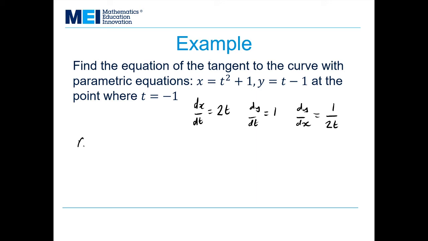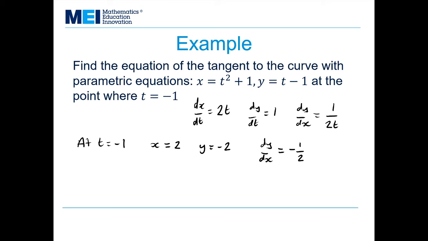Now I'm asked to consider the point where t is minus 1. So at t equals minus 1, x equals, well, t squared is 1, 1 plus 1 is 2, y is t minus 1, so y is negative 2, and dy/dx is 1 over 2t, so that's minus a half. I've been asked to deal with a tangent here, so I don't need to worry about it being a normal.